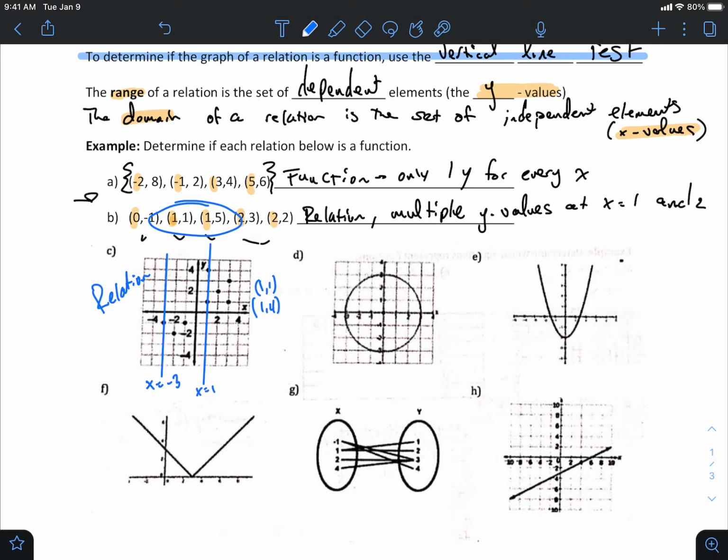So at any point in B, if I drew any vertical line along there, how many times does that circle graph cross the vertical line? Twice. So if it crosses more than once, you know that's not a function. It fails the vertical line test, so this is also a relation.